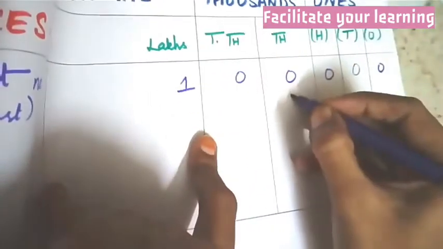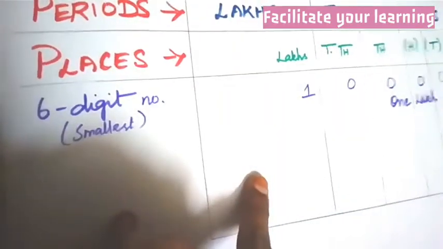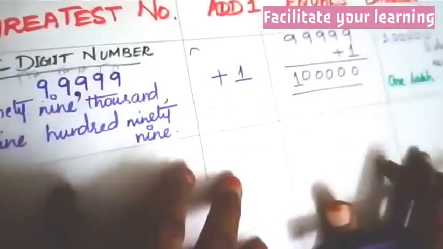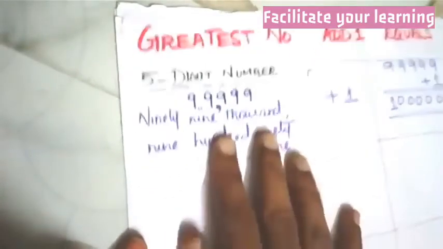So 1 lakh in the place value chart looks like this. You have to read it and write it as 1 lakh. One lakh is the smallest 6 digit number.